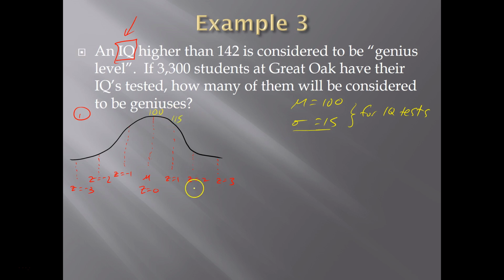A z-score of 2 would have 2 of these added, 2 of those would make 30, so it'd be 130. A z-score of positive 3 means add 3 standard deviations, that's 45, so I get 145.